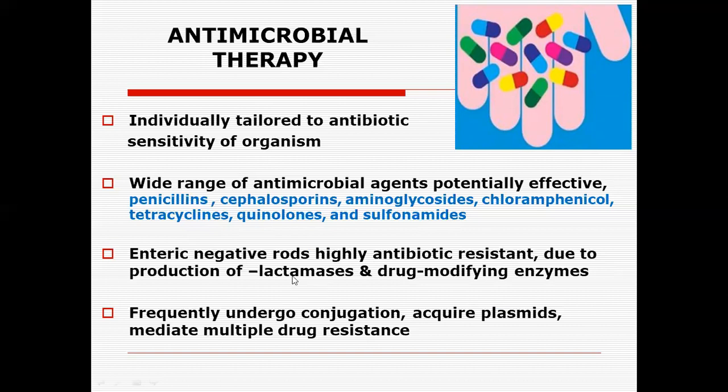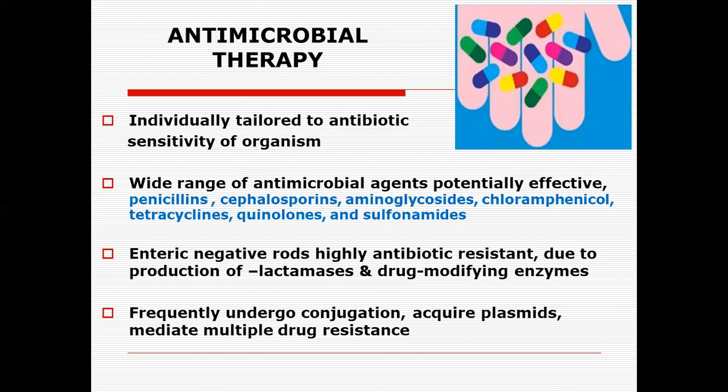The enteric gram-negative rods are highly drug resistant because of the production of beta-lactamases, and they have drug-modifying enzymes also. So because of the production of high amounts of beta-lactamases, and because of the modification of the drug receptor sites by enzymes that change these receptors, these organisms are highly resistant, particularly the enteric rods.